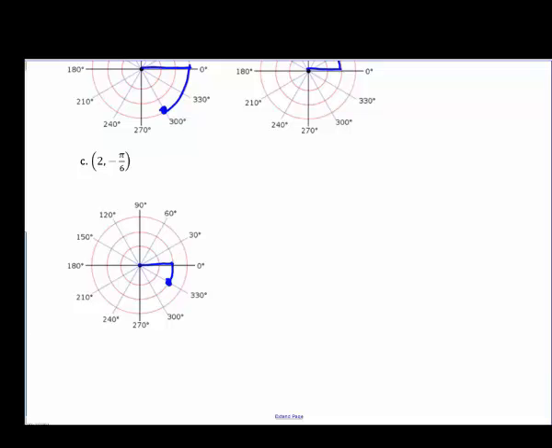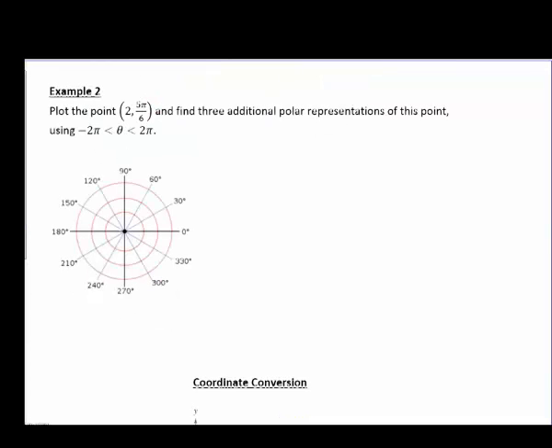All right, let's take a look at the second example. Plot the point 2, 5 pi over 6, and then we're going to find 3 additional representations for that point using negative 2 pi to 2 pi. Because really there's an infinite number of representations for any point on the polar coordinate plane.